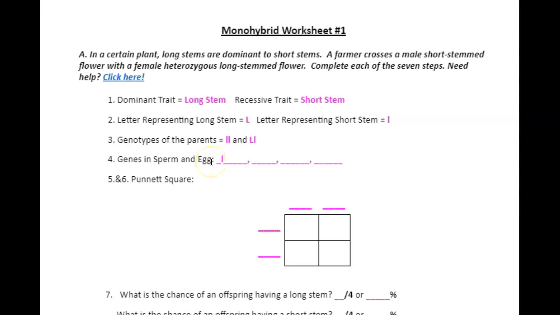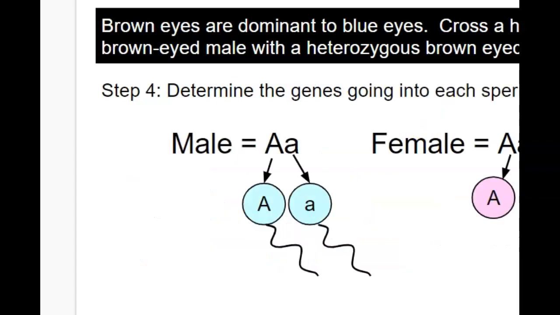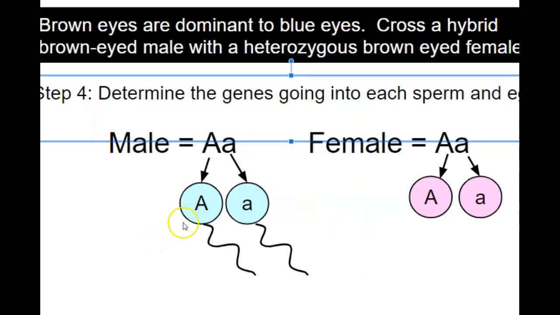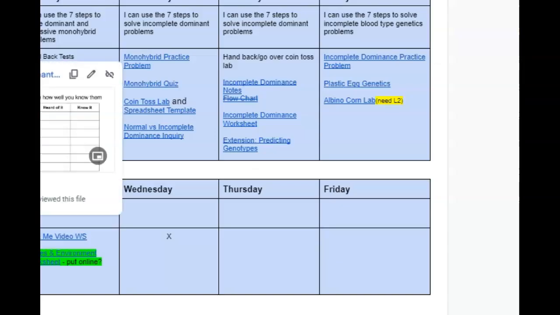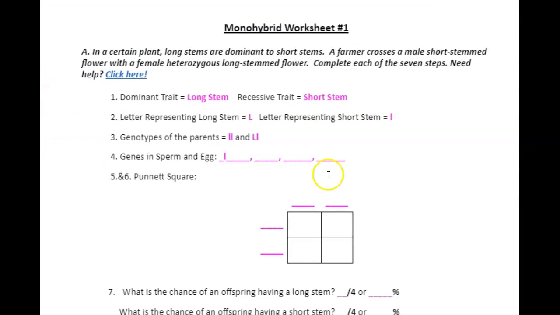If you want, let me go back to our slideshow here. This is what it should look like. I'll move my screen over a teeny bit. So you can draw 2 sperm and then 2 eggs, and inside each one is going to have 1 letter. I'm going to have a little l and a little l and a big L and a little l.